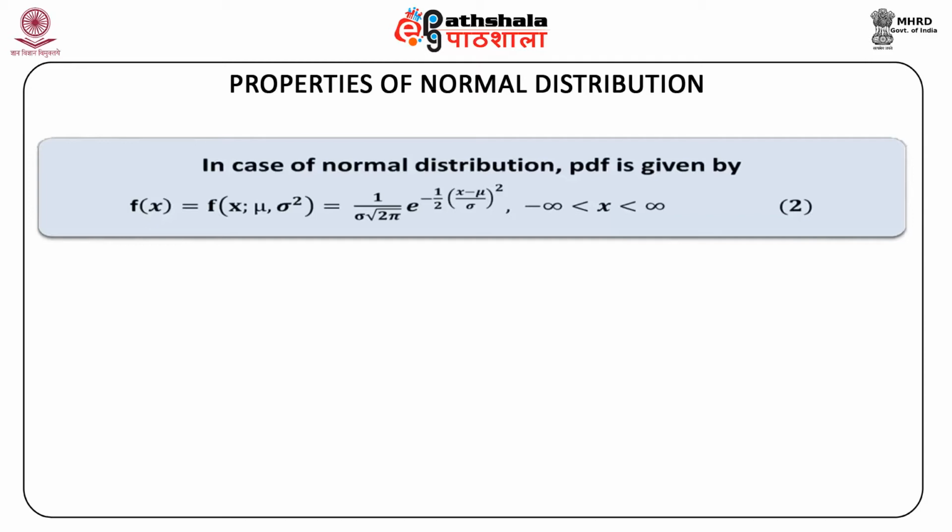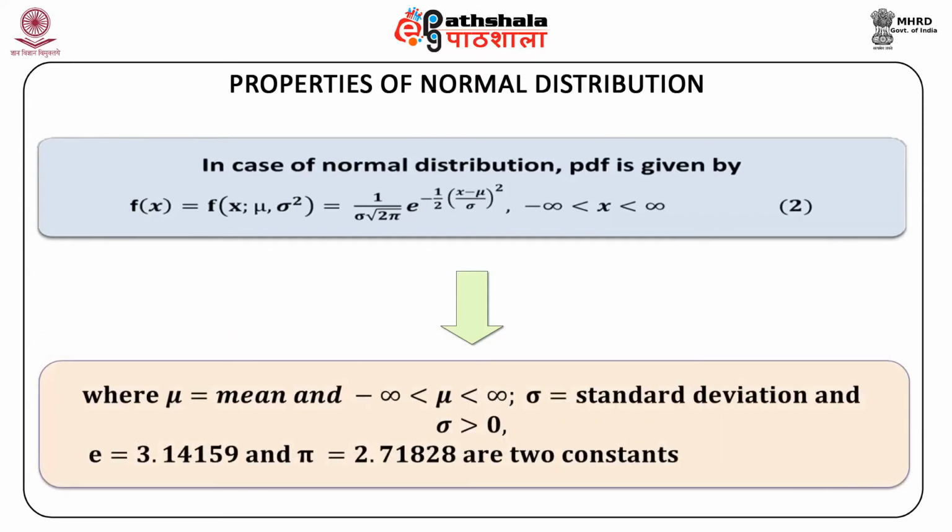Here small x lies between minus infinity and plus infinity. This is equation 2, where mu is the mean and mu lies between minus infinity and plus infinity. Sigma is the standard deviation and sigma has to be greater than 0.